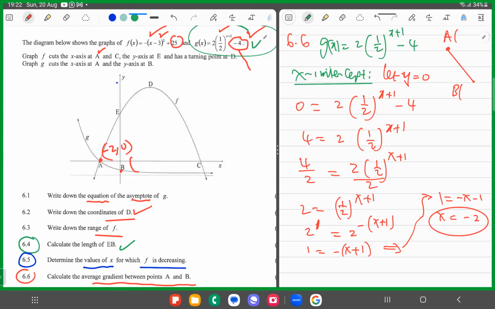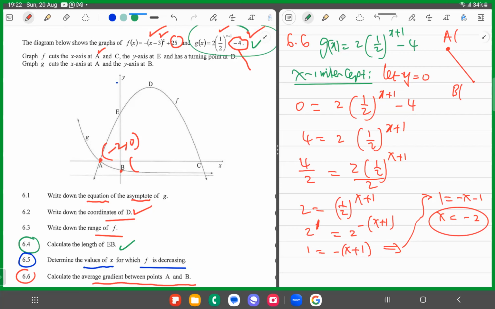Now the coordinates of this are exactly minus 2 and 0. So we continue.